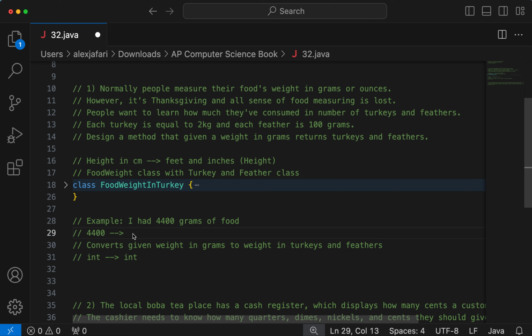So we can make our return type be food weight in turkey. That's our return type. So then that would return a food weight in turkey that has 2 turkeys and 4 feathers.